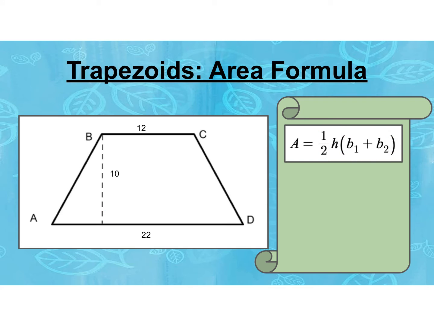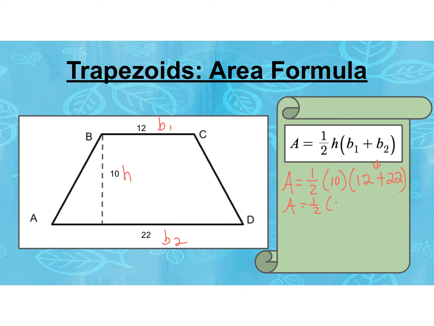So let's try it. It doesn't matter which one you call base 1 or base 2. I'm going to call the top base 1, the bottom base 2, and then that is my height. So we have the area equals 1/2 times my height times my bases added together. Remember our PEMDAS, so I'm going to do my parentheses first.